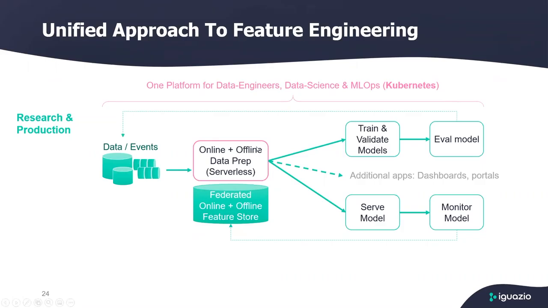But logically, think of it as one component that gets data, stores it in multiple forms, and allows the training jobs or the serving jobs to work against that data. And you may even build other applications off of that, maybe a dashboard or some triggers. Maybe the models don't want to go and get the features. Maybe you need to push the features into the model as a stream.